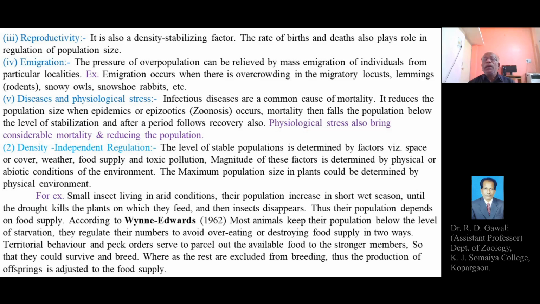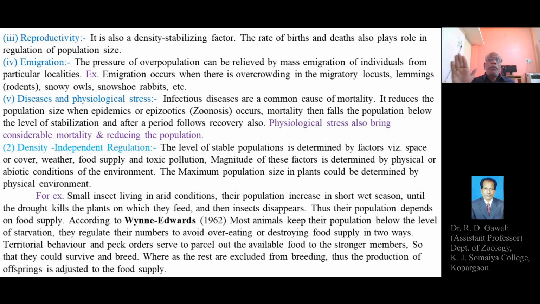So there may be a death of an excessive number of organisms due to the infectious diseases, and this will lead into a decrease in the number of individuals in a population below the level of stabilization, and after a certain period follows the recovery also.